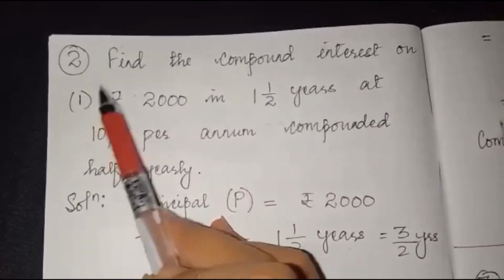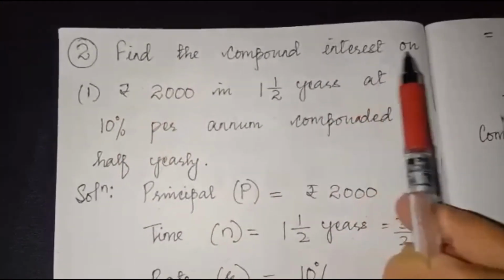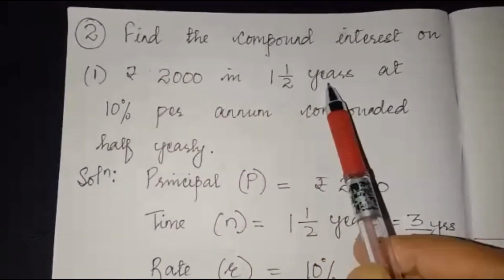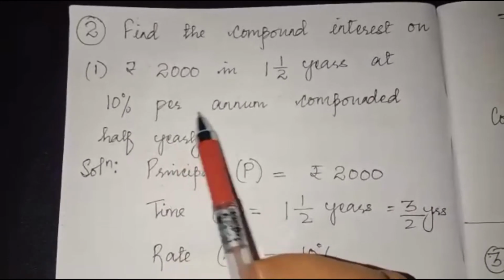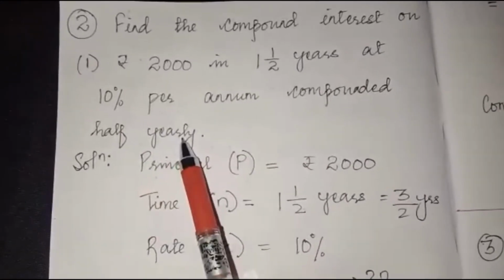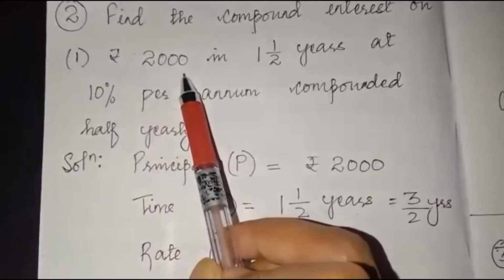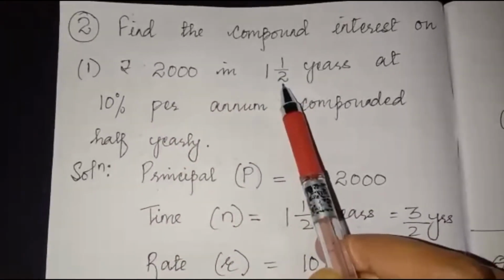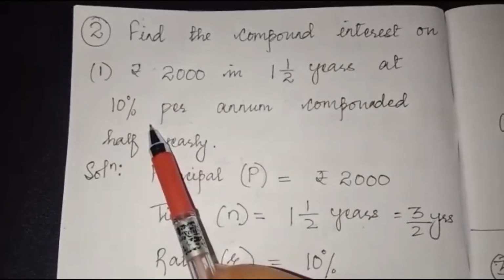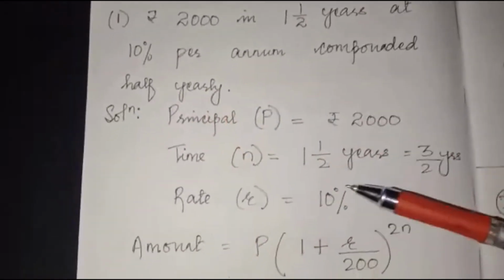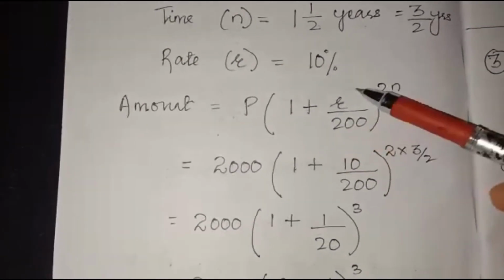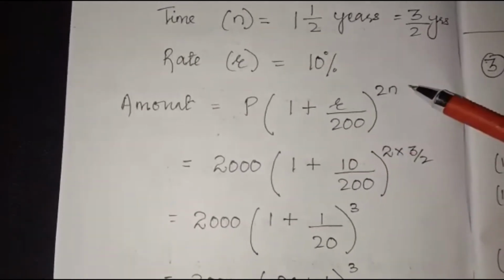Now question number 2. Find the compound interest on rupees 2000 in 1.5 years at 10% per annum compounded half yearly. So here principal is 2000, time is 1.5 years, rate is 10%, and the interest is calculated half yearly. So for half yearly, you have to use this formula, P(1 + R/200)^2n.